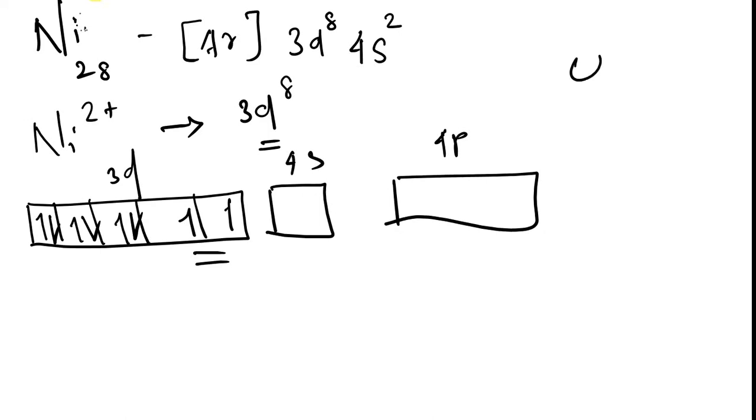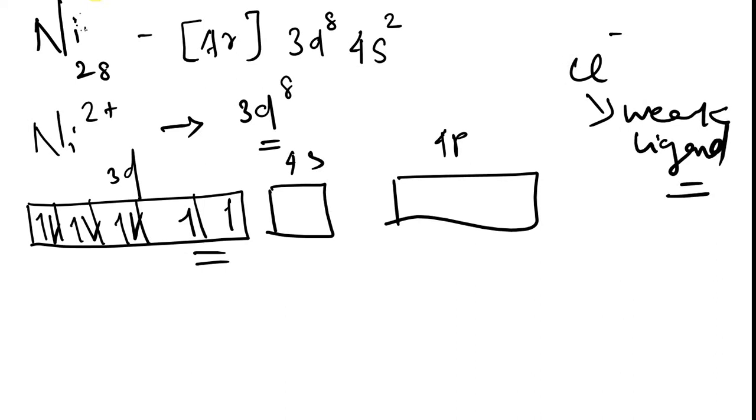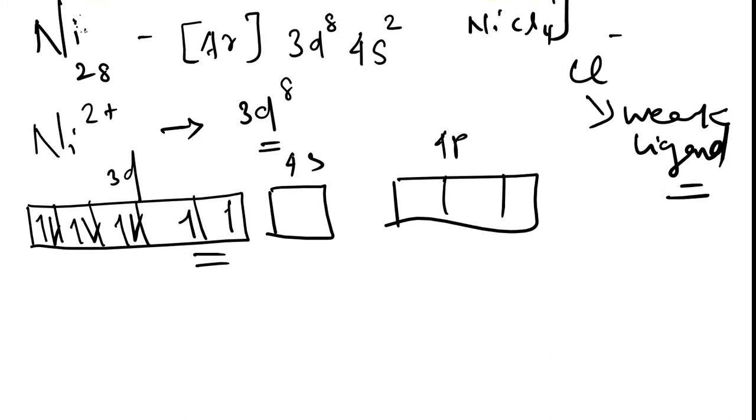So here chlorine is a ligand. Chlorine is a weak ligand, in the sense that it does not push the electrons for pairing. So wherever the place is available, it pairs on. So how many chlorines are there? The formula of the compound is K2NiCl4, that is the name of this compound.